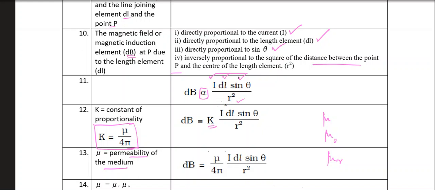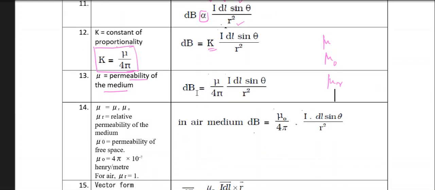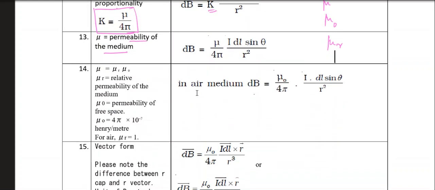Now, as we have already discussed, what is mu r? Relative permeability, not permittivity. That is different, that is epsilon. Now we are talking about permeability, mu r. So mu r is given by mu divided by mu naught.